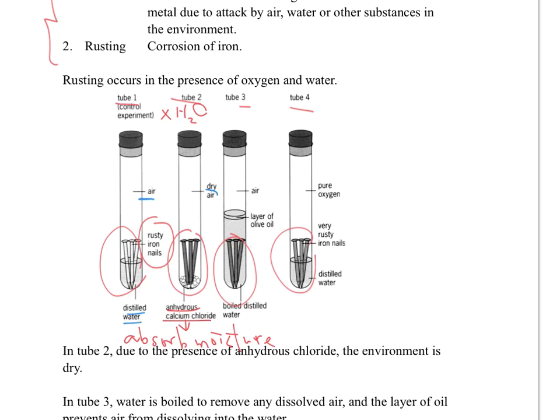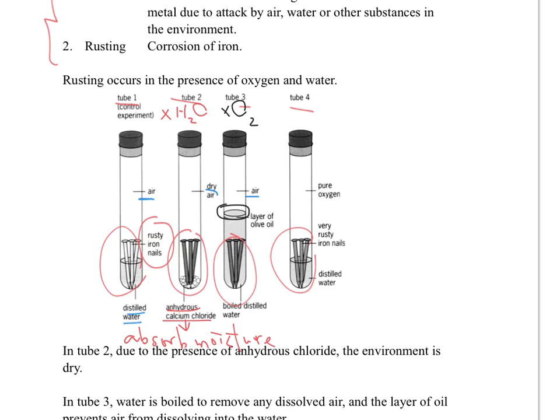For the third condition, we have air. That means it should have oxygen, right? However, the condition will be a layer of oil on top of the water. What is it used for? It is used to prevent the dissolving of oxygen into water. That means in the water, no oxygen.